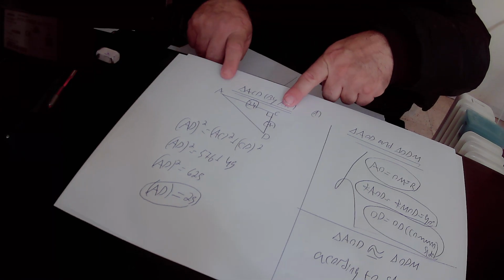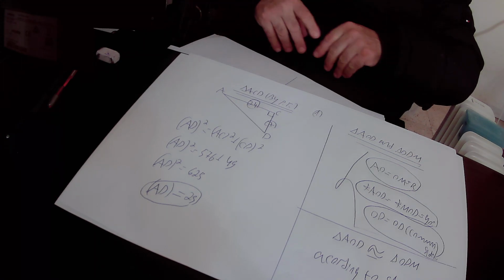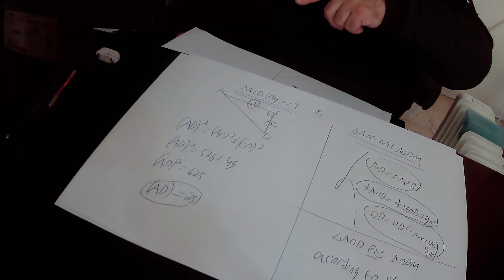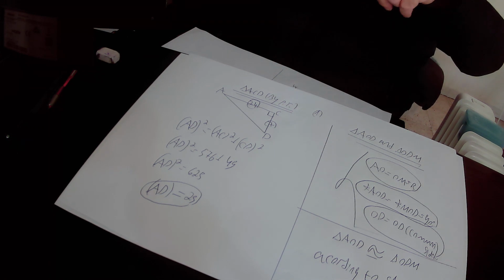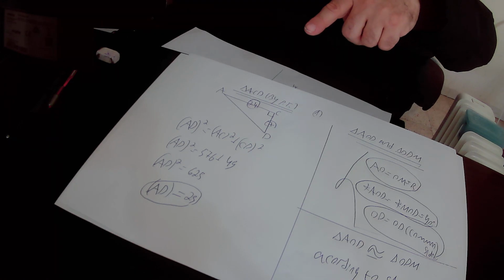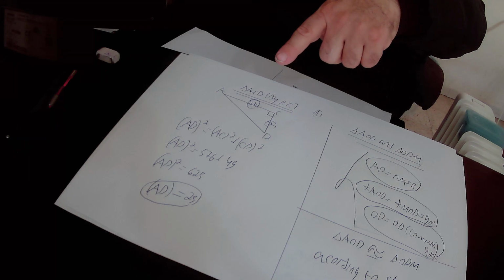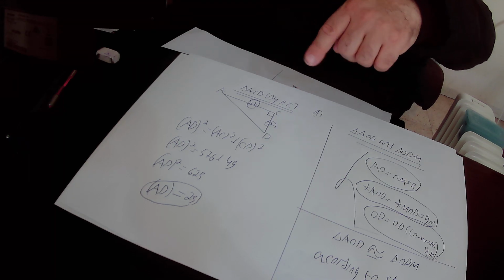AC equals 24 and CD equals 7 according to what is given in the question. According to the Pythagorean theorem in this right triangle ACD, AD squared equals AC squared plus CD squared. AC is 24, therefore AC squared is 576. CD is 7, therefore CD squared is 49.